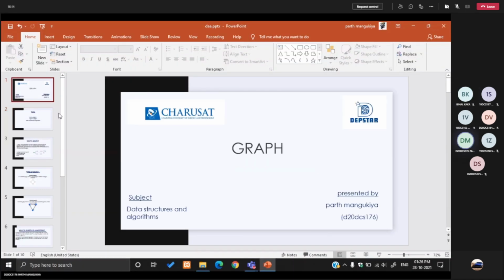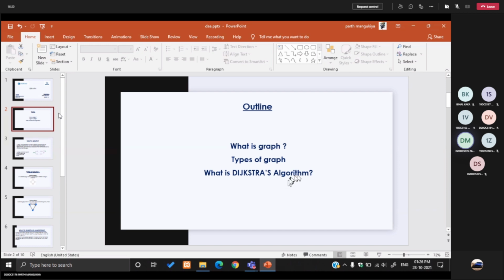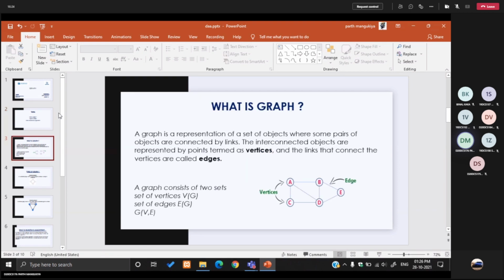Good afternoon, ma'am. Today I present a presentation on the graph topic. Today we learned what a graph is, types of graphs, and Dijkstra's algorithm. First of all, what is a graph? A graph is a representation of a set of objects where some pairs of the objects are connected by links. The interconnected objects are represented by points called vertices, and the links that connect the vertices are called edges.